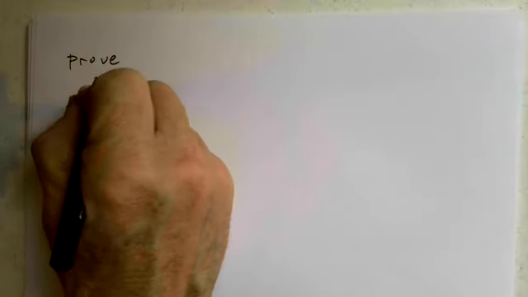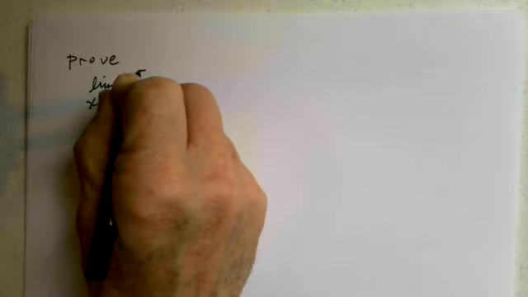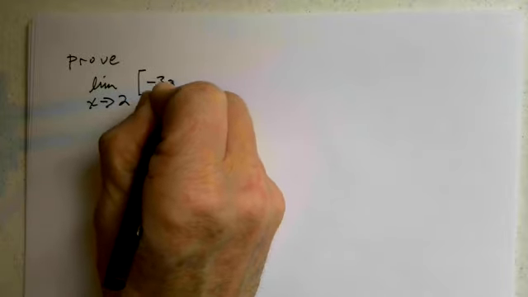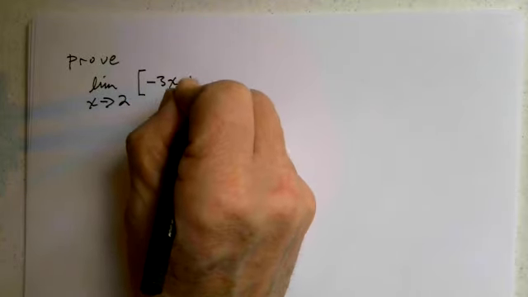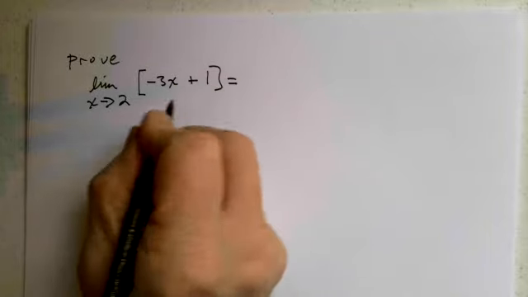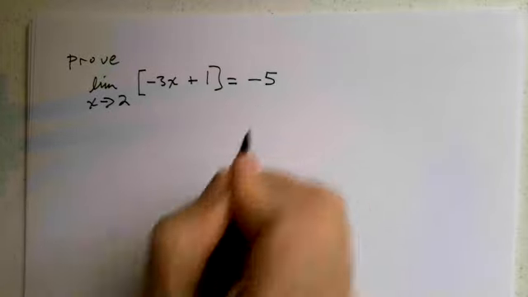Prove the limit as x goes to 2 of negative 3x plus 1 equals negative 3 times 2, negative 6 plus 1 is negative 5.